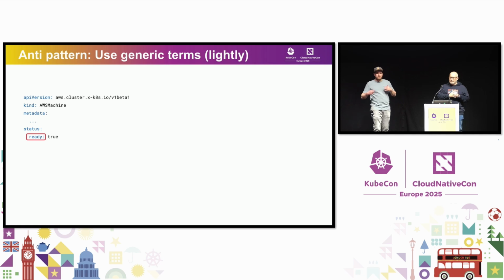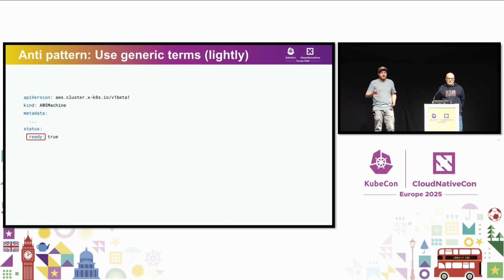Let's have an example of what we, in that case, did wrong. We have the concept of infrastructure providers, which have, for example, an AWS machine for AWS. We added a field in our contract to say, okay, AWS machine should notify in its status with a ready field that it's ready. But what does ready mean? Is the node ready?